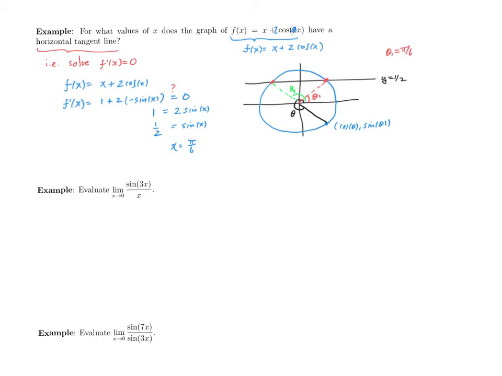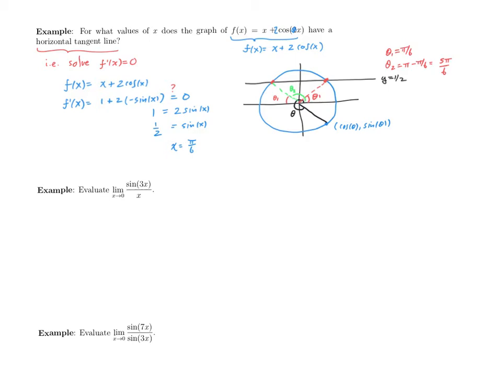Then by symmetry, we can determine theta 2, because the corresponding angle in the second quadrant would be theta 1. So theta 2 is going to be pi minus pi over 6, which is 5 pi over 6. We're just using a few key techniques and ideas from pre-calculus.